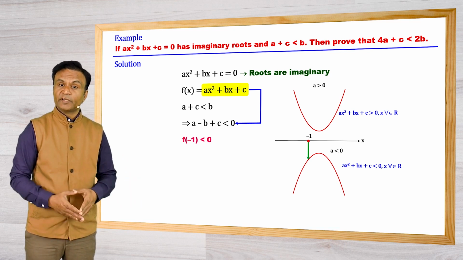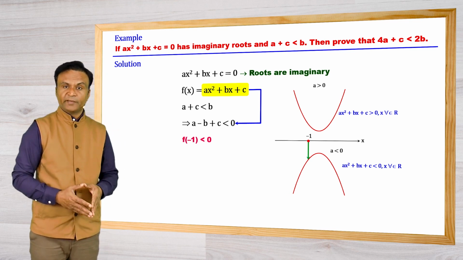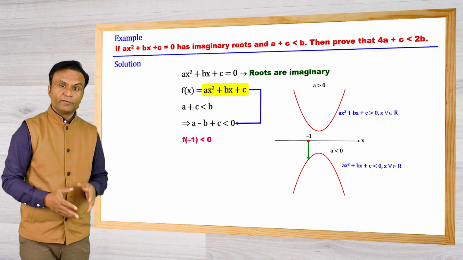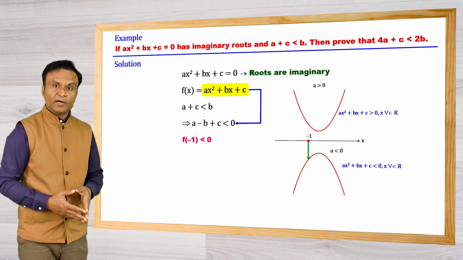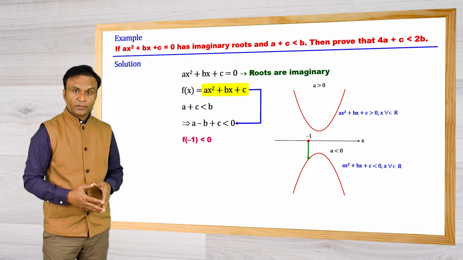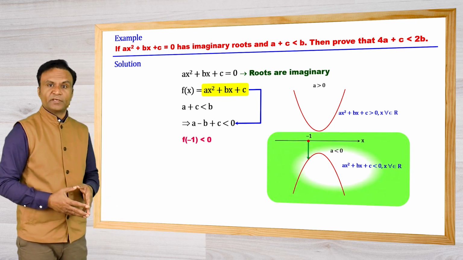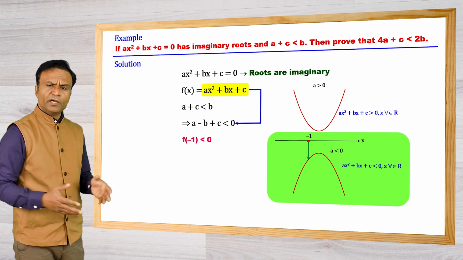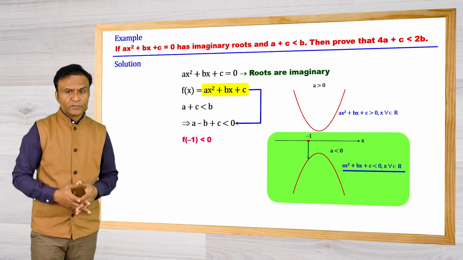When a is negative, we have again 3 graphs. Here it is given the roots are imaginary, so we eliminated 4 graphs. We had only 2 graphs. Now from f of minus 1 less than 0, we get this only possible graph. Now for this graph, f(x) is less than 0 for all x belongs to R.